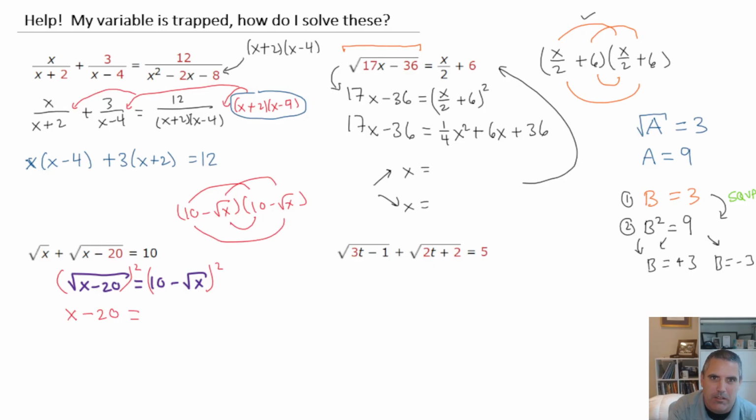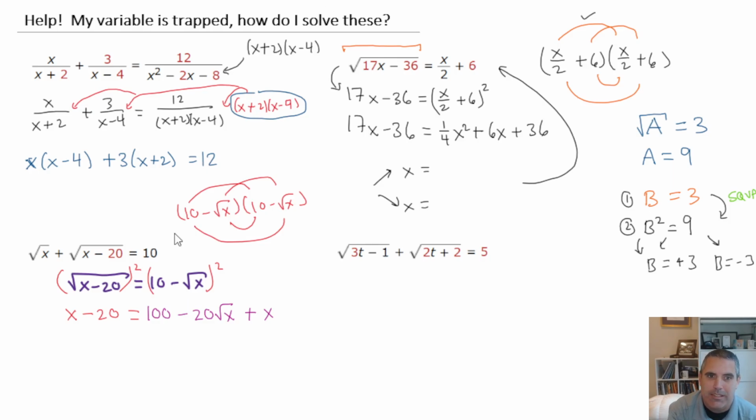It's sort of bad news, but we can do it. 100, the middle term, the nose and the mouth, is negative 20 square root of x, because it's negative 10 and another negative 10. And then the last term is going to be plus x, because the square root of x times the square root of x. At that point, you can see we've made progress.